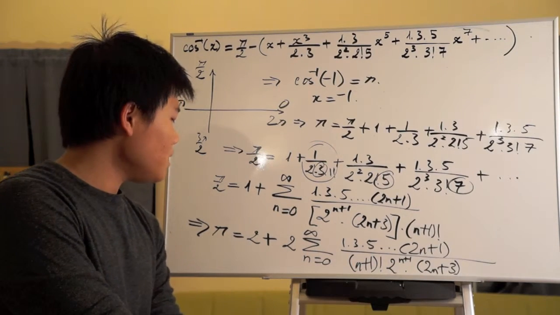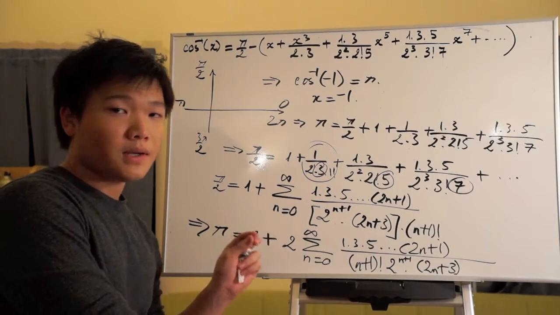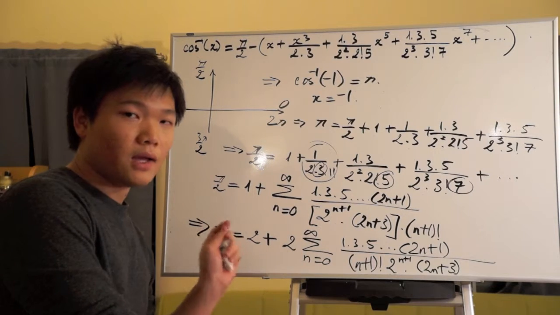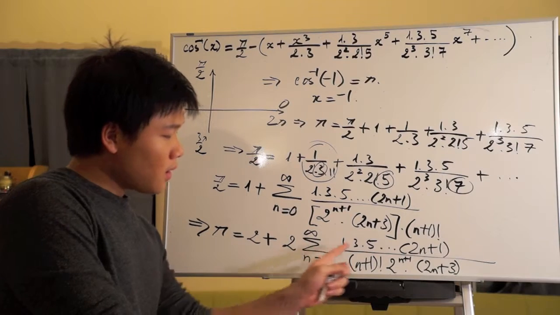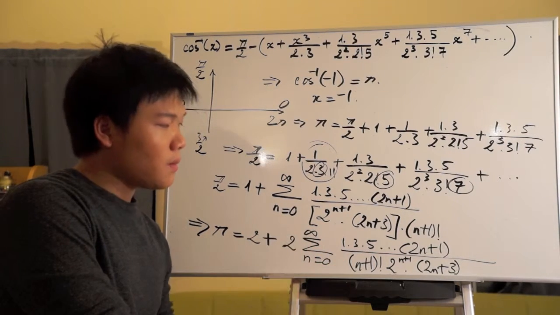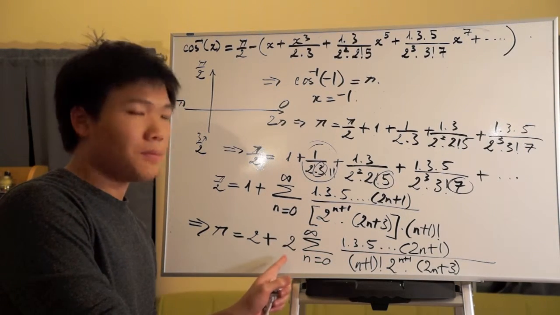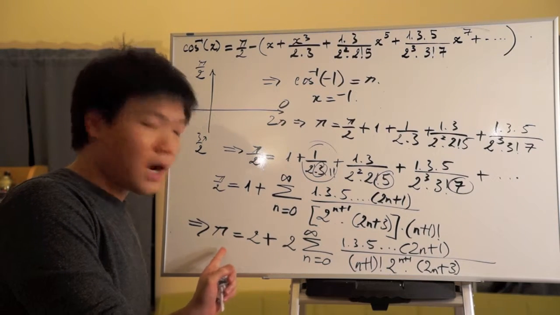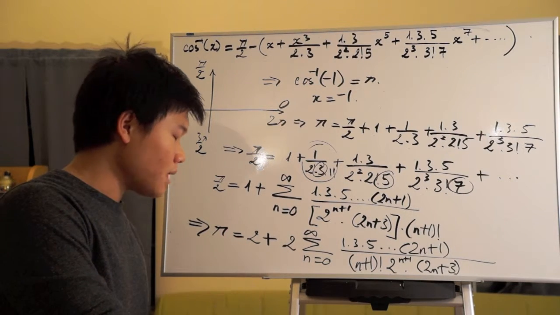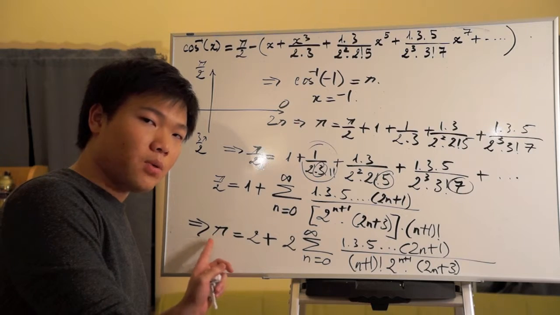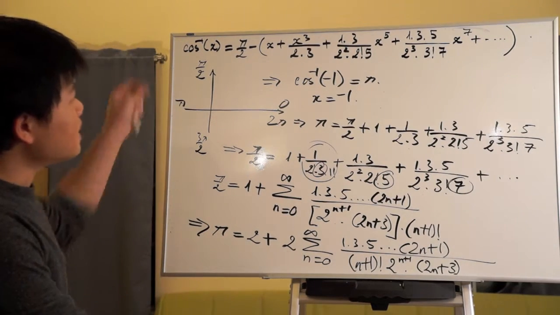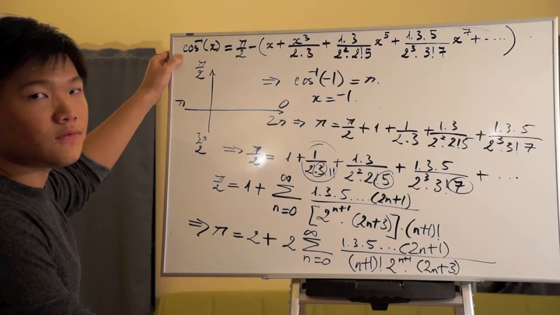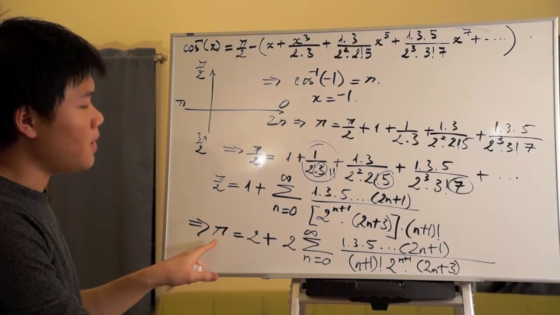In the previous videos, we developed a series representation to calculate the value of pi, and this looks similar. It's shorter, and this series approaches pi faster, meaning it's a more accurate estimation, than if we were to use inverse tangent to estimate the value of pi.